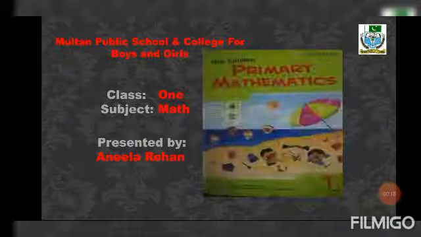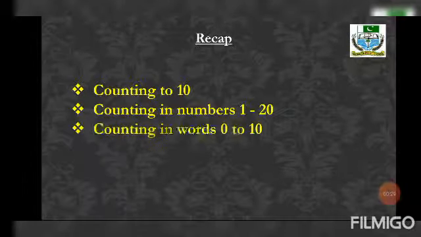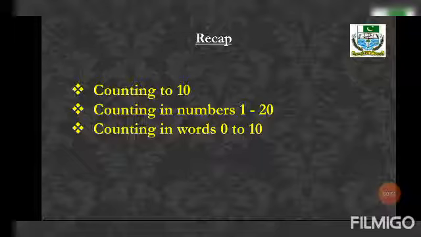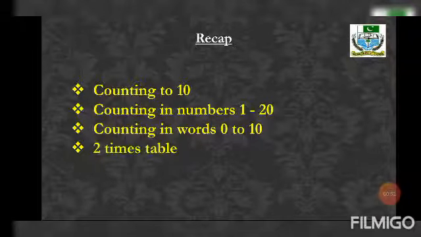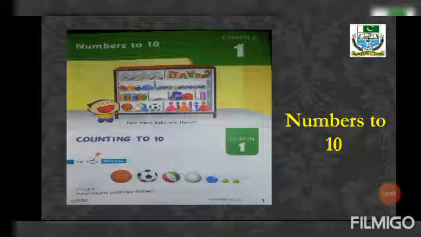So my lovely students, in our previous lesson, we have learned about counting to 10, counting in numbers 1 to 20, counting in words 0 to 10, and 2 times table. So my dears, we have completed the first chapter, that is numbers to 10.